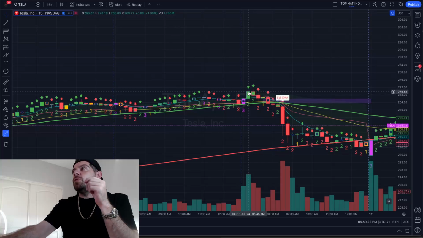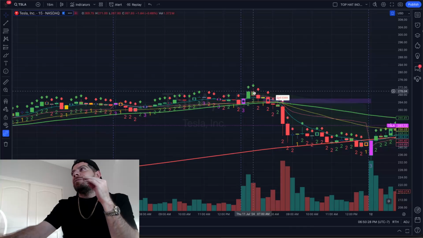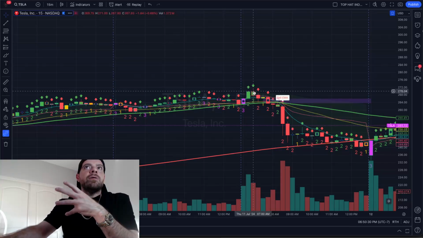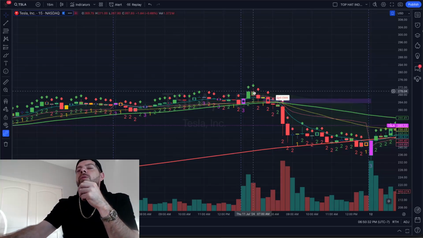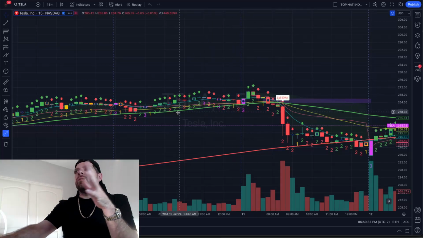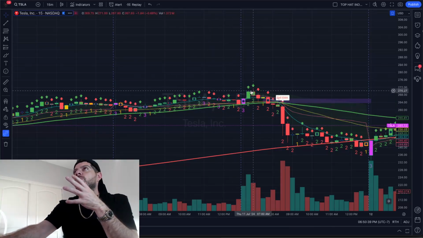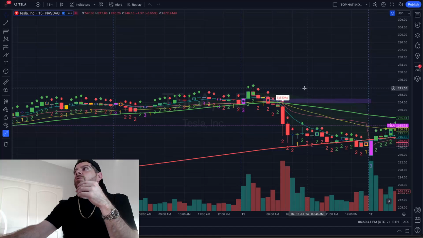From 201 all the way to the 270 position, we never got another signal to sell on the EMA, which means you could have made a massive amount of money by just holding this play all the way through using the 15-minute chart.